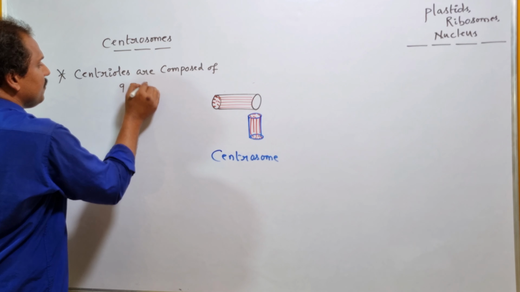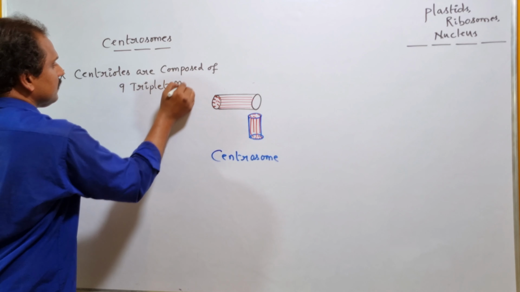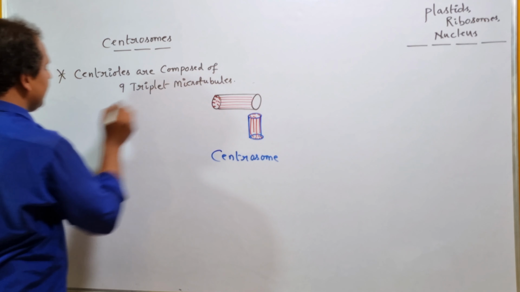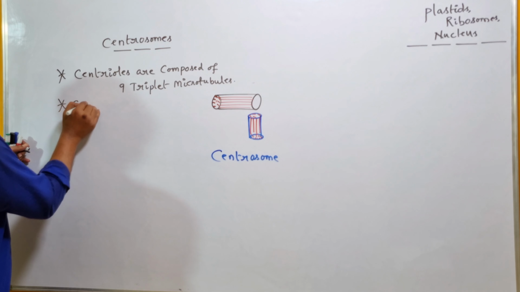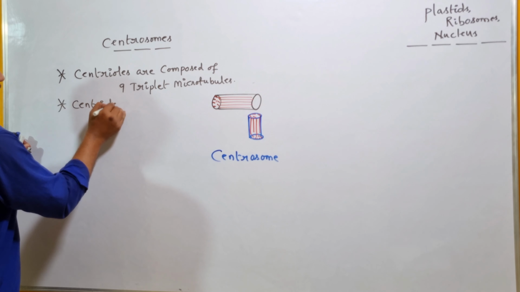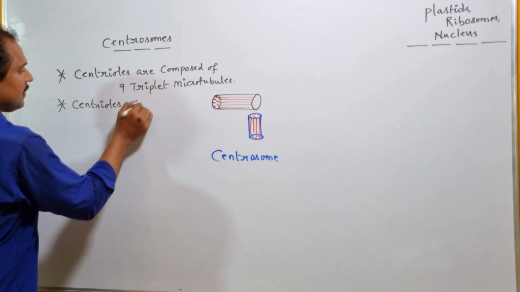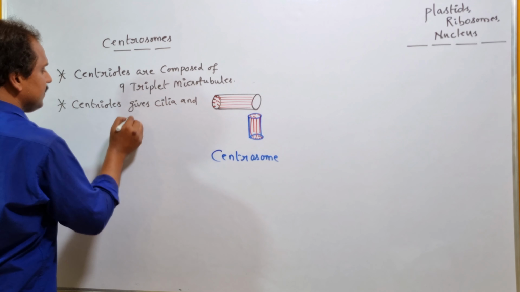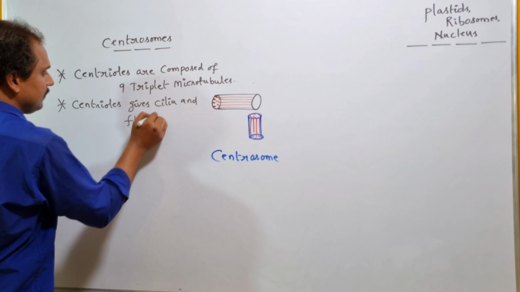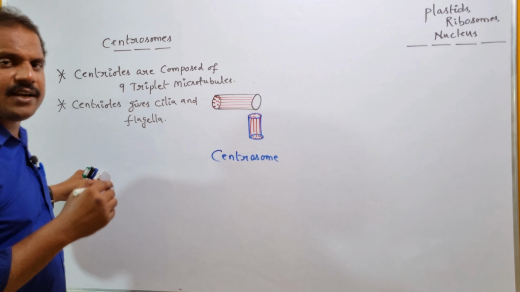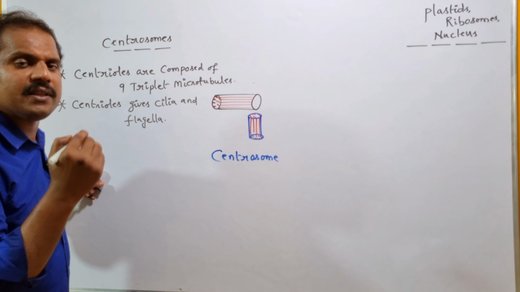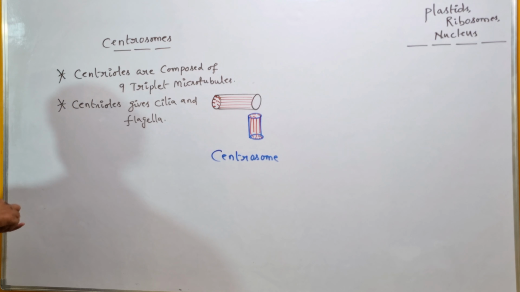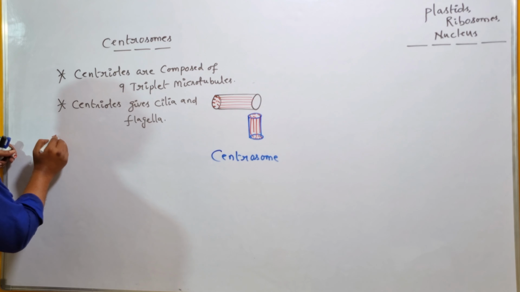Centrioles give rise to cilia and flagella. The centriole plays a prominent role in forming the basal body of cilia and flagella, and it also plays an important role in regulating cell division.